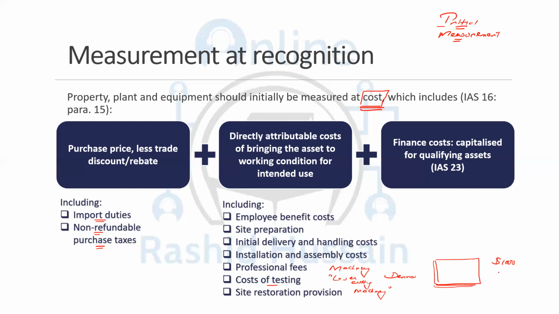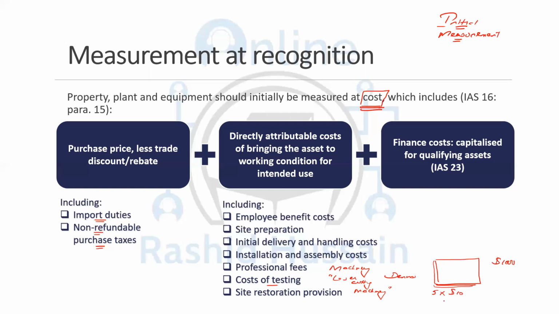So the professional person is going to test that machinery, and he's going to charge you $1,000. And during the testing, let's assume he cut 5 denims, which can be sold, let's assume one for $10.